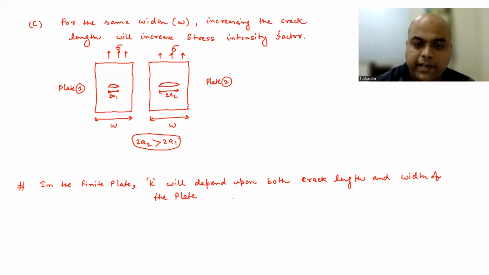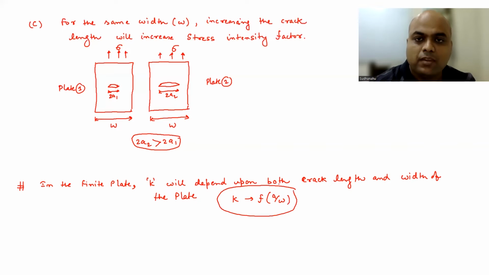Okay, so K will be a function of A by W. You will see it eventually. So in the finite plate, the stress intensity factor depends upon the crack length and width of the plate. In the case of infinite plate, if you remember, the stress intensity factor was varying only with respect to A. There was no concept of W there because A is much smaller than W.